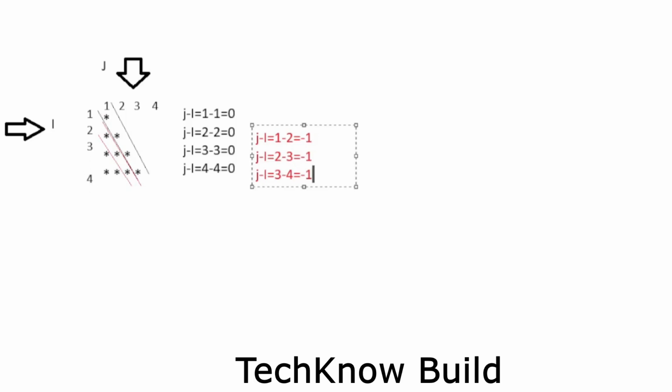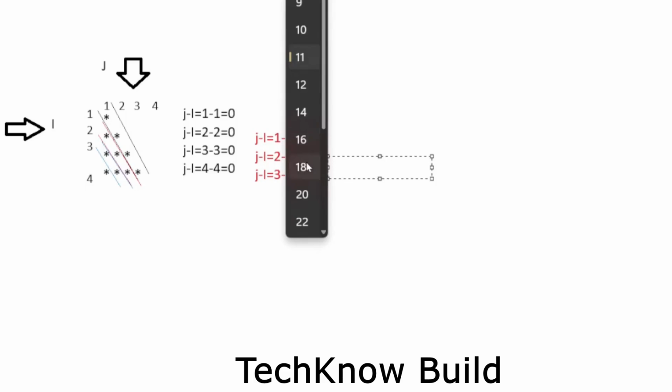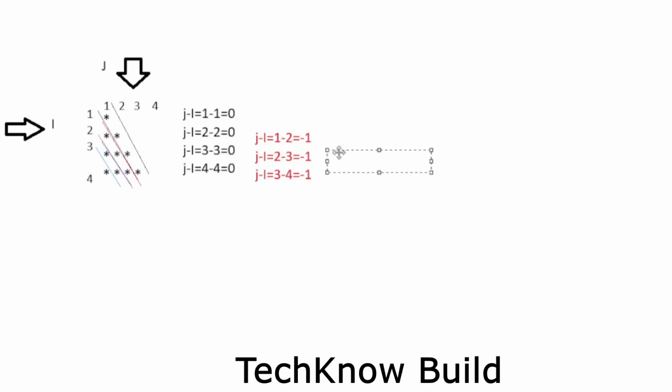After that line we will check diagonally under that line, means this. For these two stars we can check what j minus i will be.